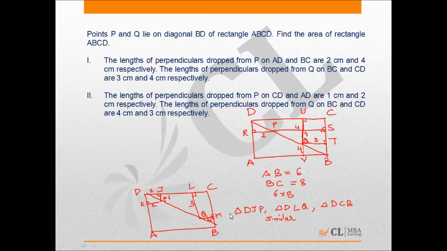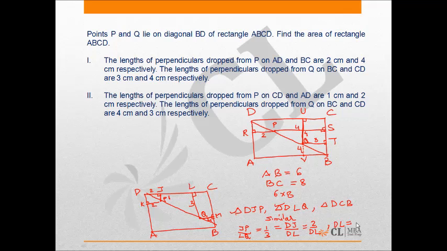So if I apply the similarity in the triangle DJP and triangle DLQ, I can say JP upon LQ, which is 1 by 3, will be same as DJ upon DL.